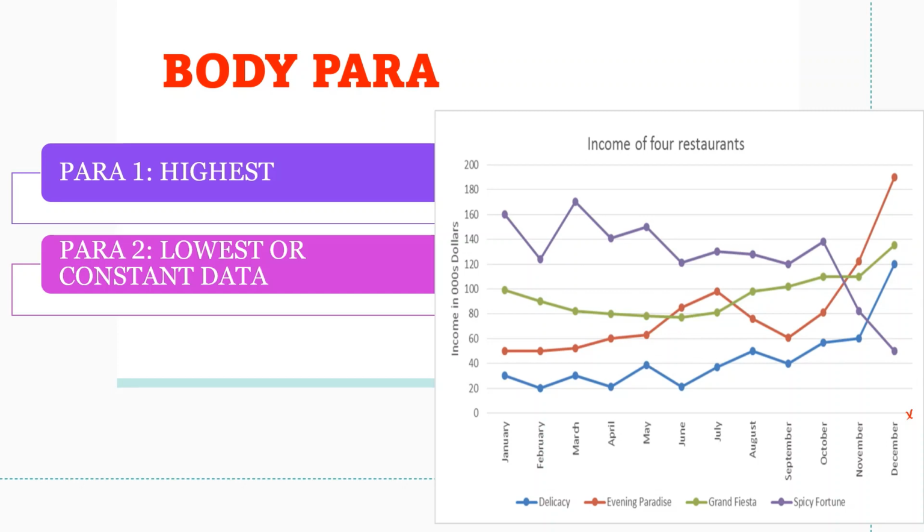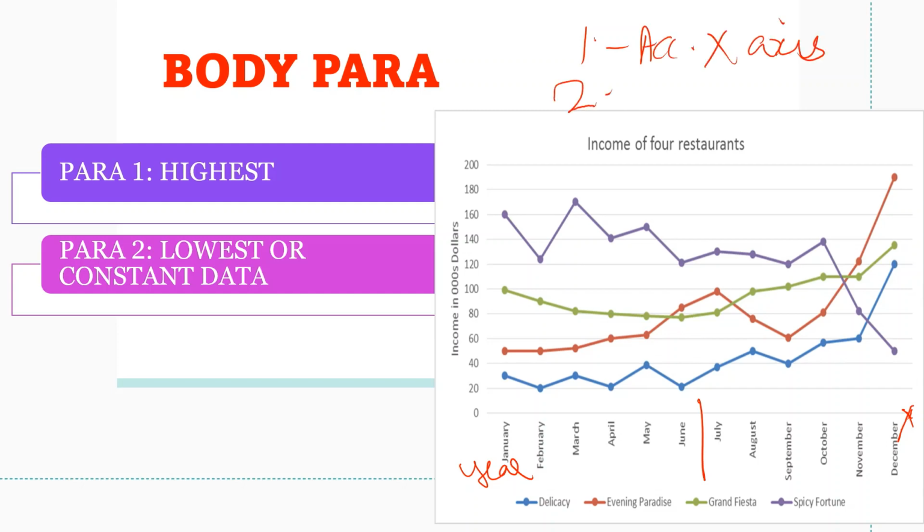So according to the x-axis you can move. When you are going by year, divide the x-axis into half. The first half of the x-axis you will write in body paragraph 1 and the second half in body paragraph 2. This is method 1, according to the x-axis.